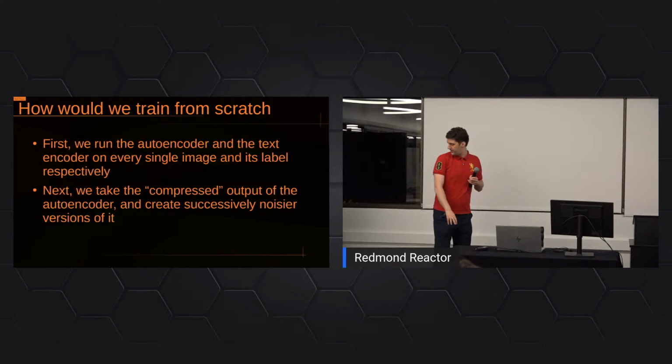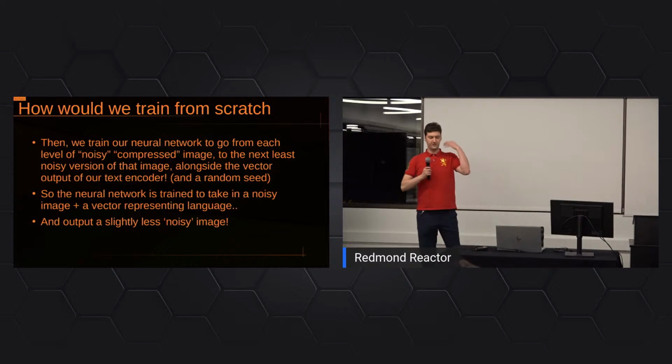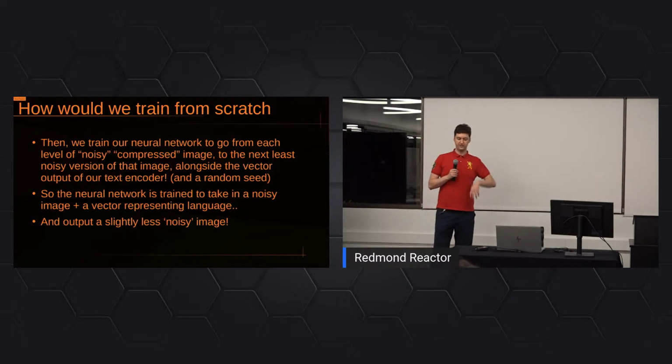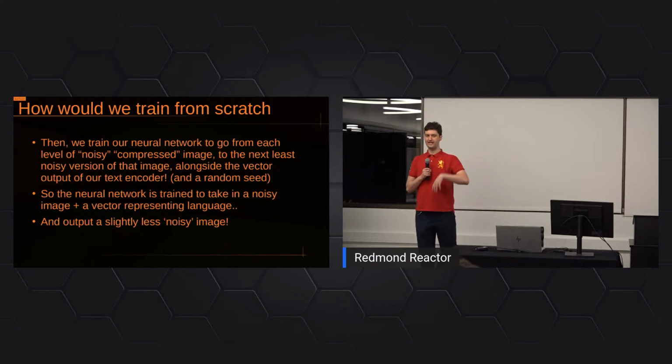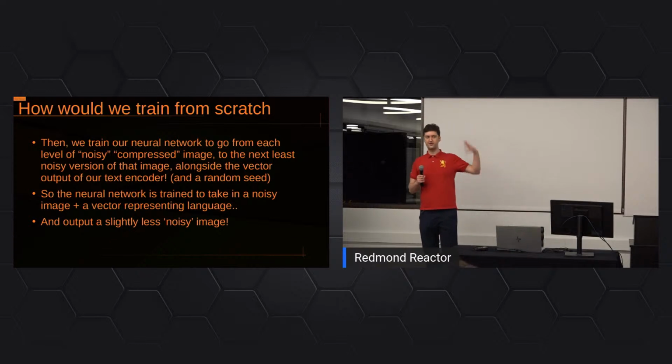And so we train our networks on each level of the noisy and compressed image to the next less noisy and less compressed version of that image, alongside the vector output of the text encoder and the random seed.